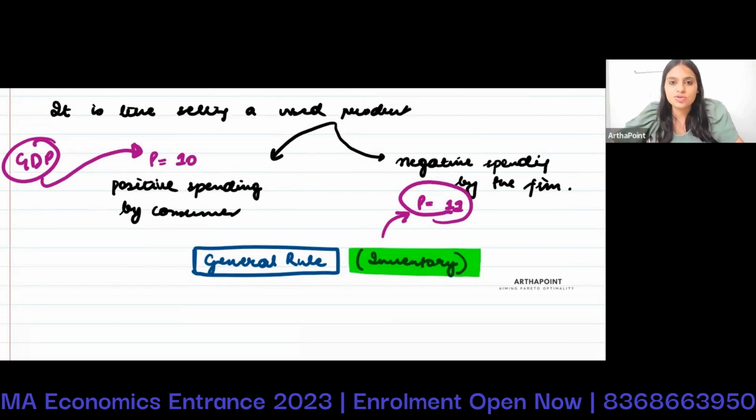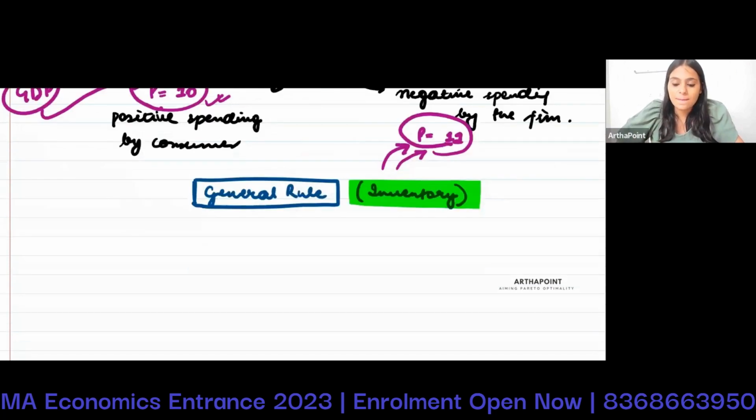Nothing happens to GDP. You've already added it at that year's market price to the GDP value, so you don't change anything in GDP for that transaction. GDP is always the value of the goods. The goods must be added in the same year as they are produced at the market price in that year. So even if the market price changes the other year, it does not impact the GDP of the economy. That's the way we calculate. Is that fine? Yes, ma'am.